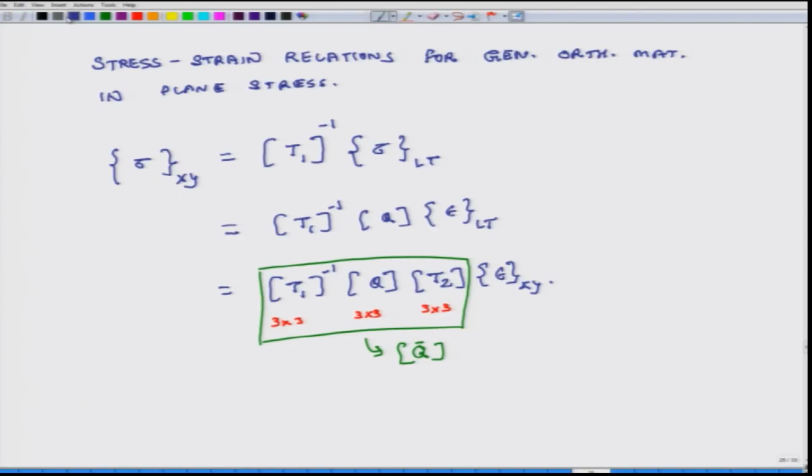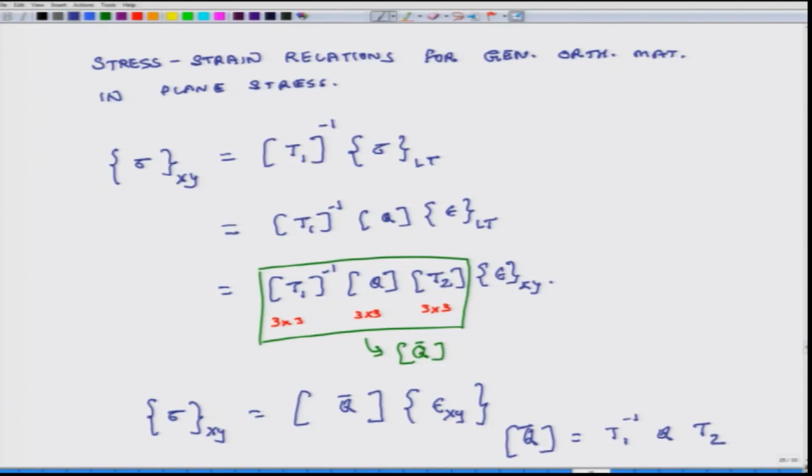So, my relation becomes sigma in the xy coordinate frame is equal to a Q bar matrix, it is not the Q matrix, it has a bar on top of it, times epsilon xy, where Q bar equals T1 inverse Q T2.